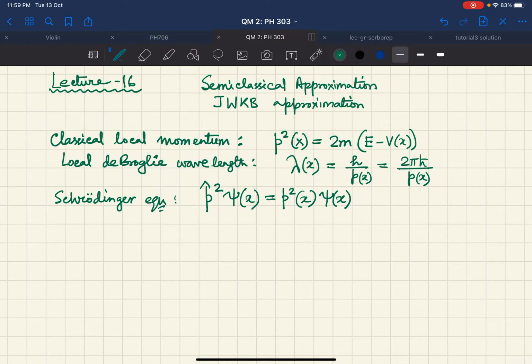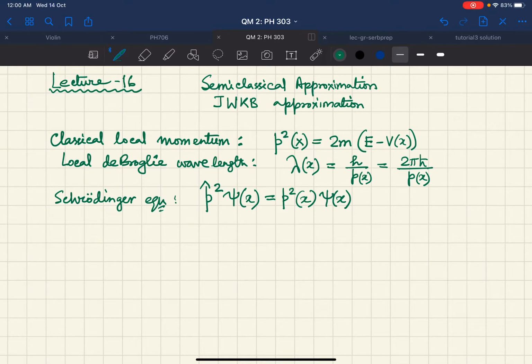Although this looks like an eigenvalue equation, it is not an eigenvalue equation, because the left hand side is not proportional to psi of x. It is not proportional because p squared of x is just not a number, it's a function.